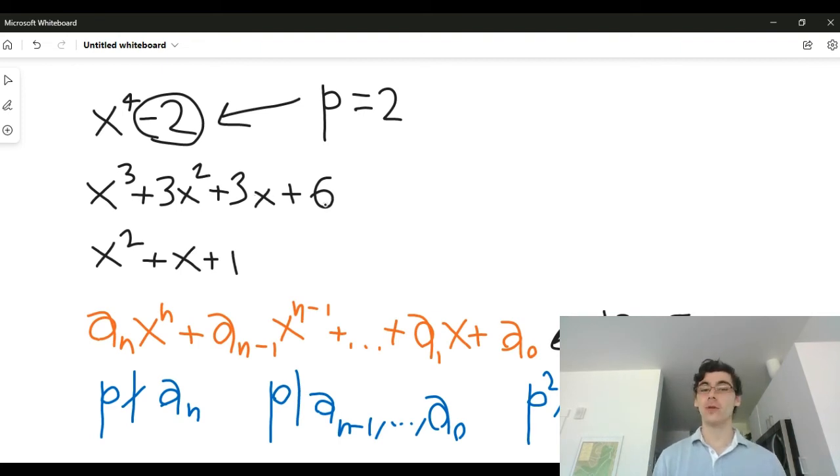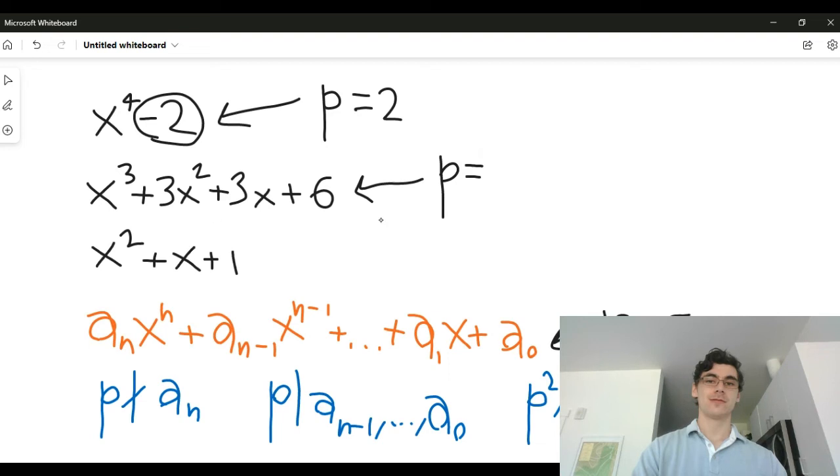For the second polynomial, we can do something similar. I noticed that all of the coefficients, except for the leading one, are divisible by 3. So for this one, I can use Eisenstein's criterion with p equal to 3, because 3 divides this coefficient, and so on.